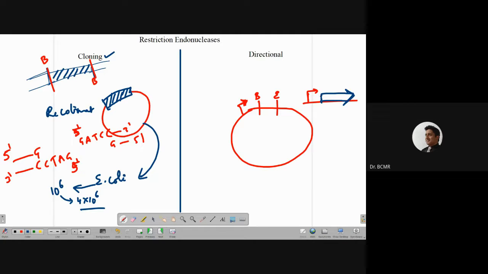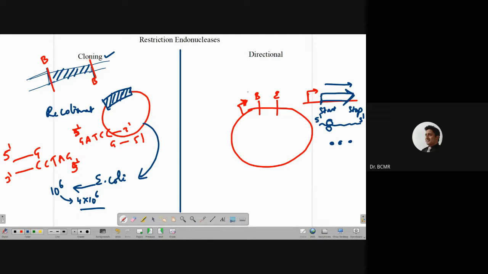This is the start codon, and the direction of reading of the open reading frame is indicated by this arrow. And this would be the stop codon. So transcription should happen in this direction, so that the correct or sense mRNA strand will be made, which upon translation by the ribosome will produce a protein.